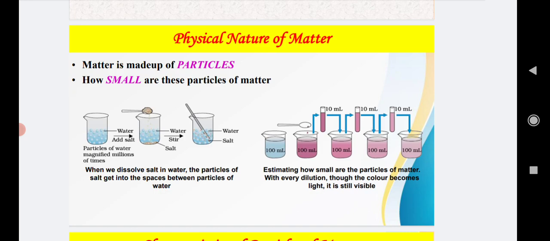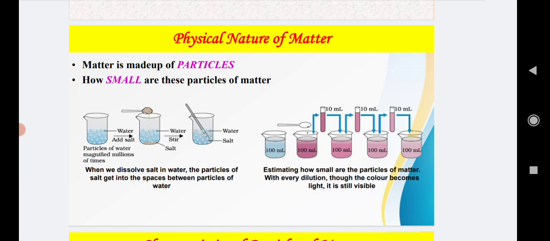When you further dilute it by 1 is to 10, it still gives color. Again, when you dilute it, the color gets lighter, but the color is still there. So a single particle is distributed throughout even a 1 is to 1000 dilution, which means the particle sizes are so small, and the space between them is so small, that they can be accommodated in large quantities also.